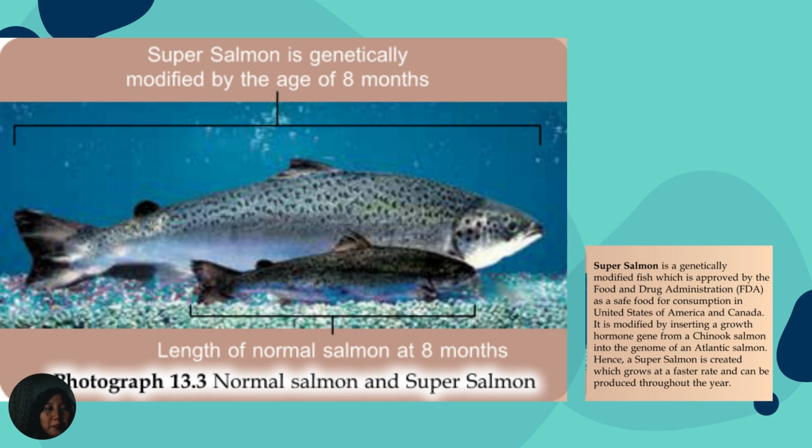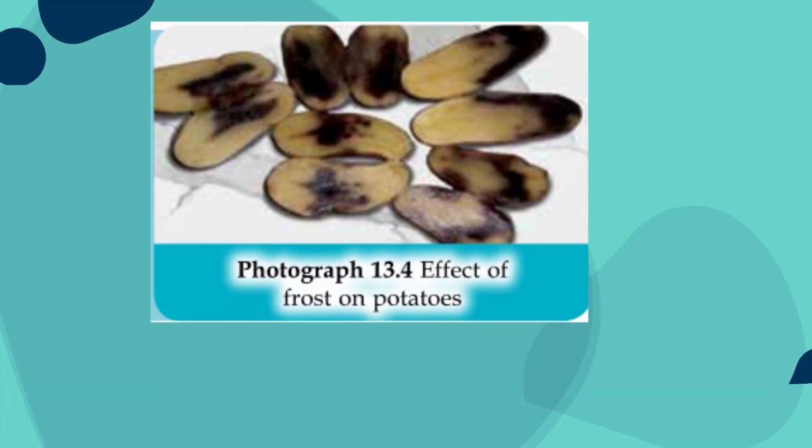So dia bukan a new species, cuma dia a new recombination of DNA. Okay, so this super salmon is created. It will grow at a faster rate and can be produced throughout the year. Sepanjang tahun dia boleh membiak. Okay, next.